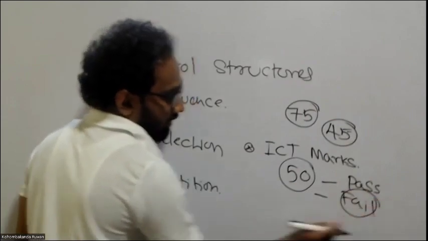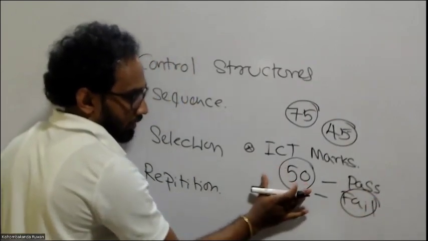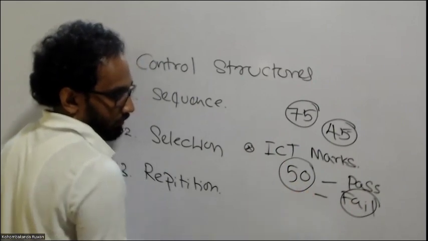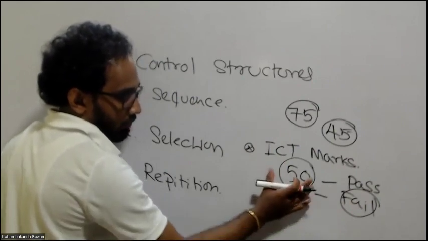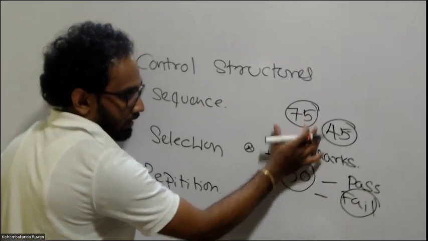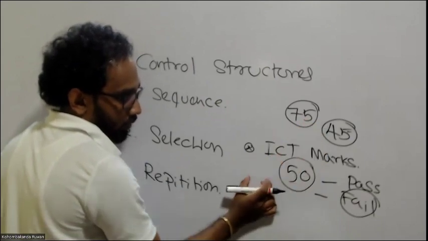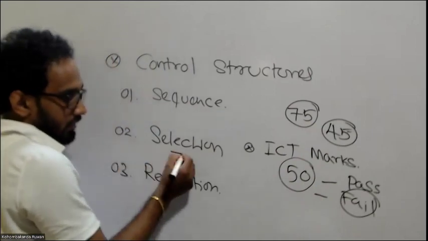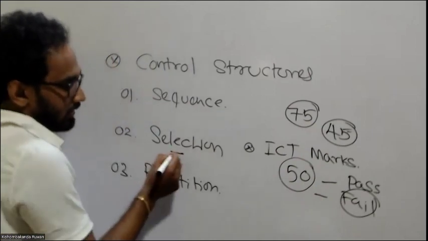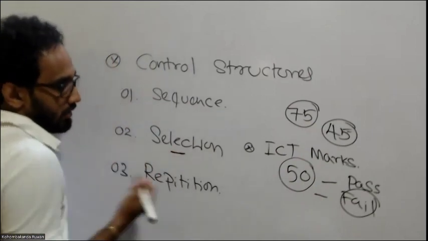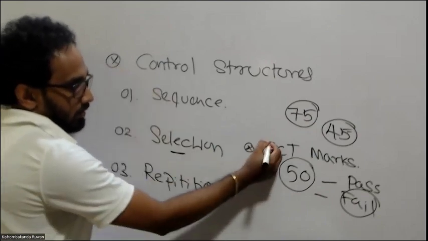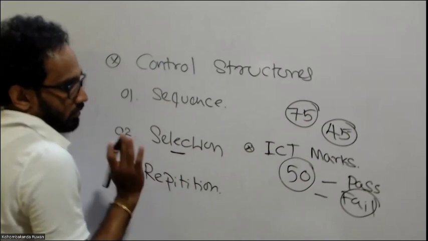Now here, you have a selection or a choice. You have to identify whether the mark is greater than 50 or below 50. You have to check that. There are a lot of examples for selection. We will discuss them one by one.